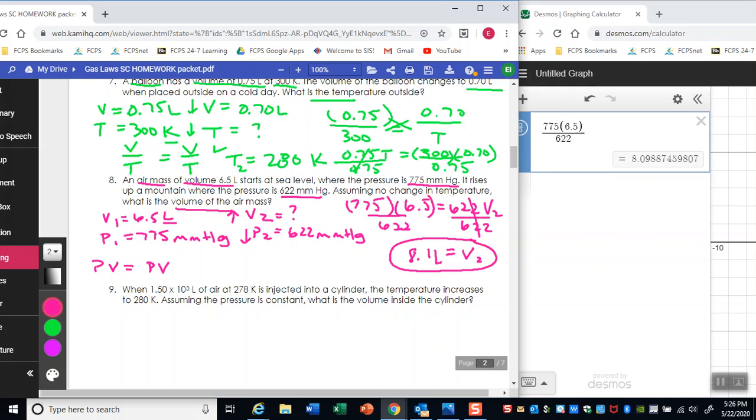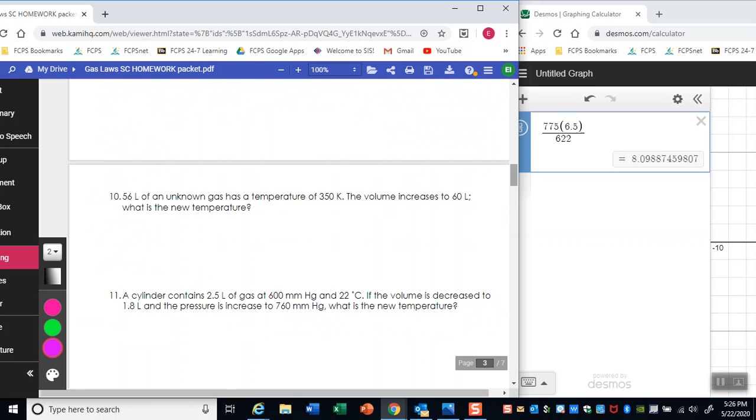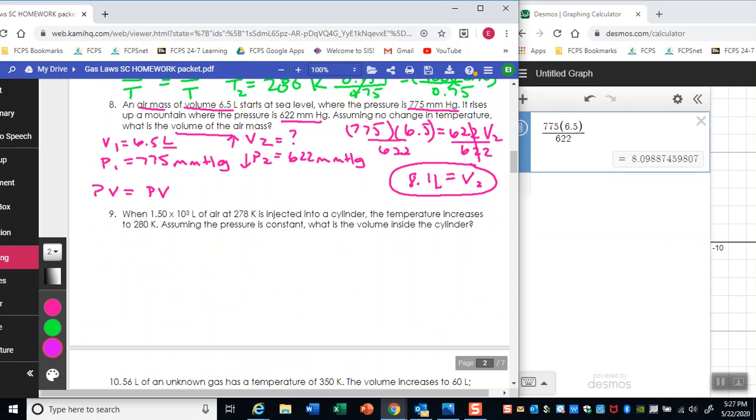All right, so hopefully this is getting easier. We're almost done, I think. Let's see. What do we have here? We have liters of air, so that's volume. And we have a temperature, Kelvin.